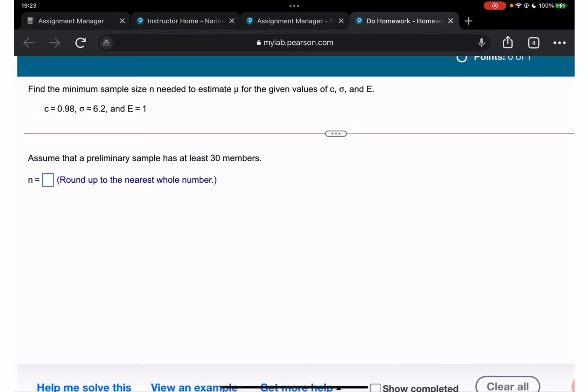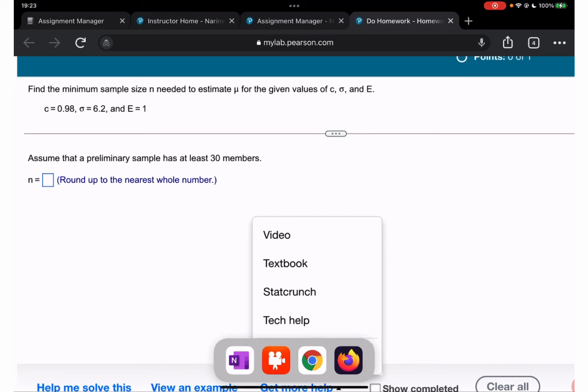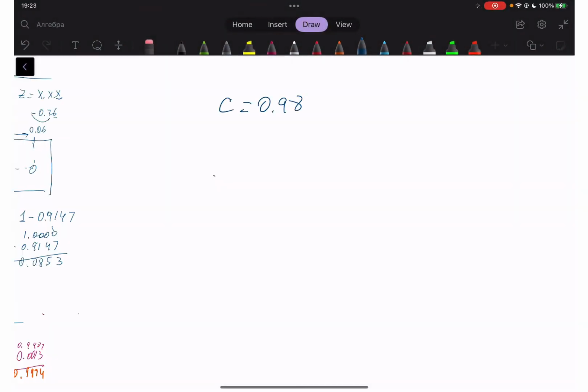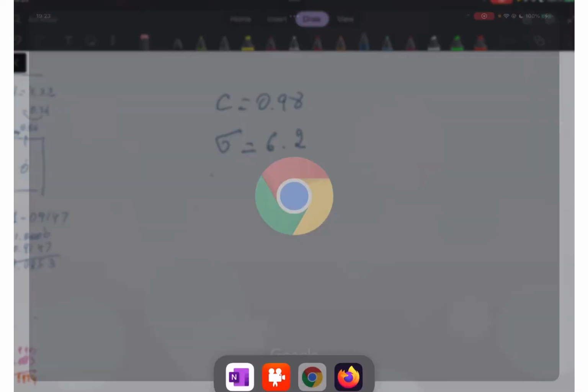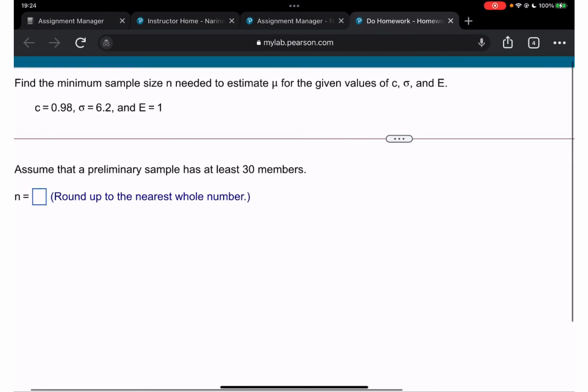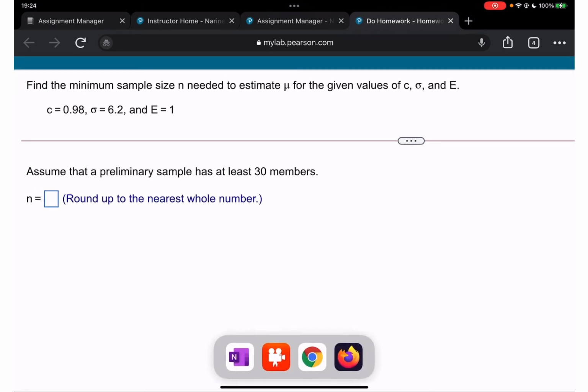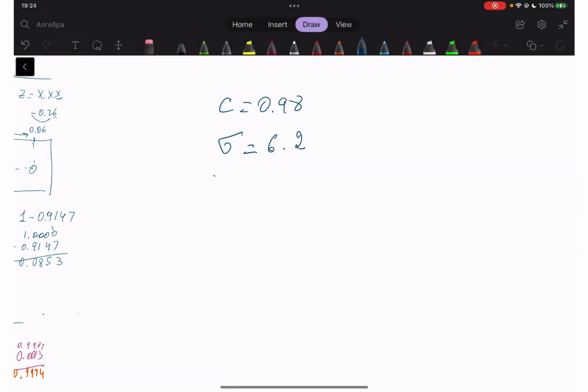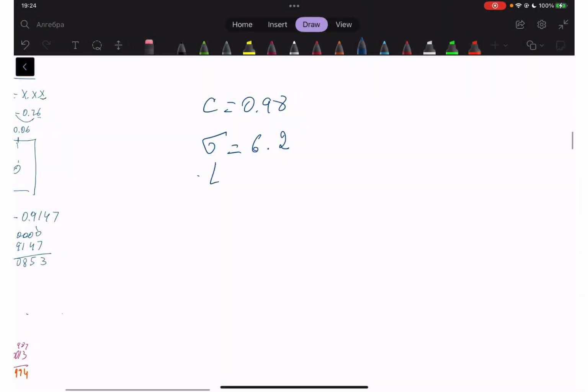Sigma, that's the standard deviation of the population, 6.2. And lastly, E, the margin of error, which is equal to 1. So we need to find the minimum sample size.